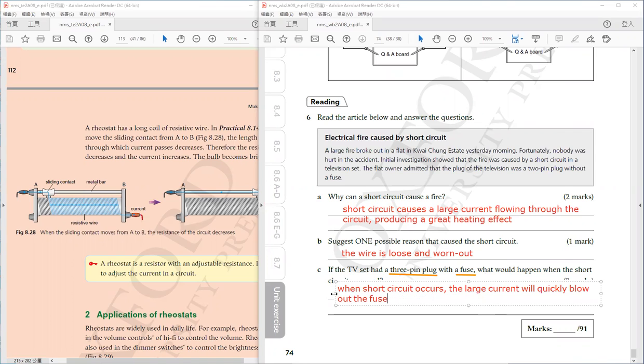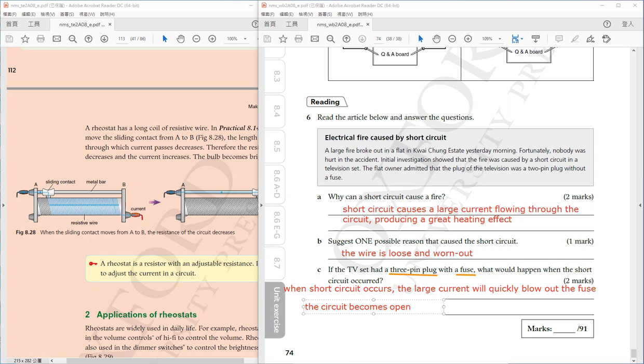When the fuse is blown out, the circuit becomes open. You break the circuit, so current drops to 0. No fire would occur.